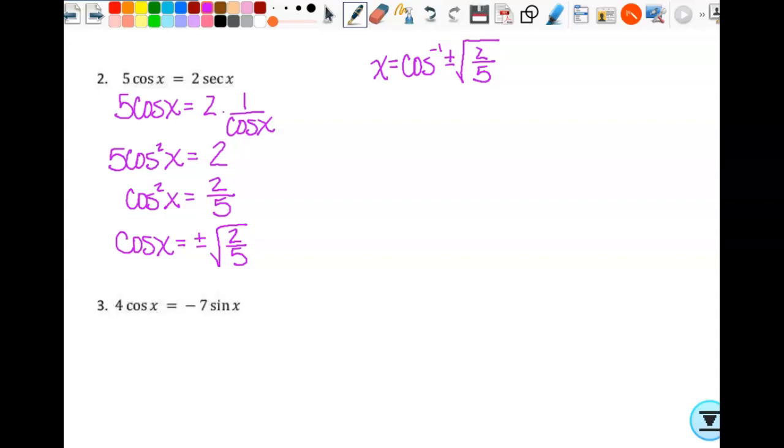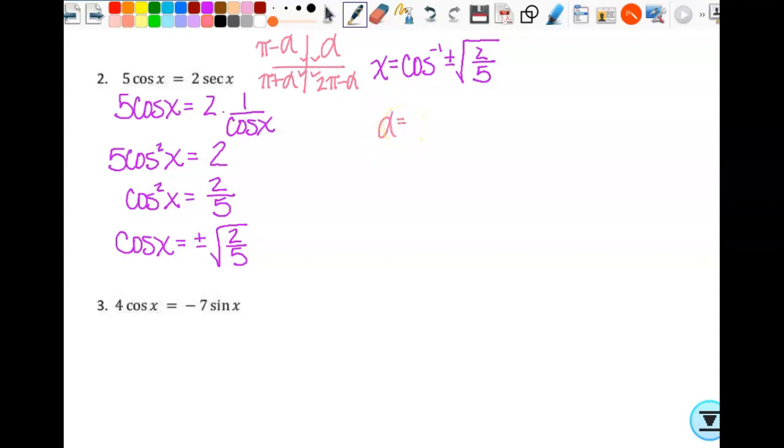All right, so it's plus or minus. That means I'm using all 4 quadrants. This first quadrant's alpha. This is pi minus alpha. This is pi plus alpha. And this is 2 pi minus alpha. So I'm going to find alpha.